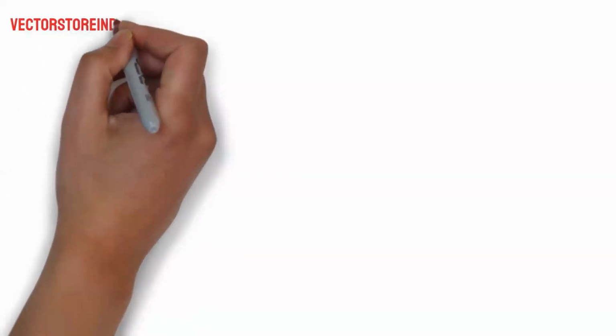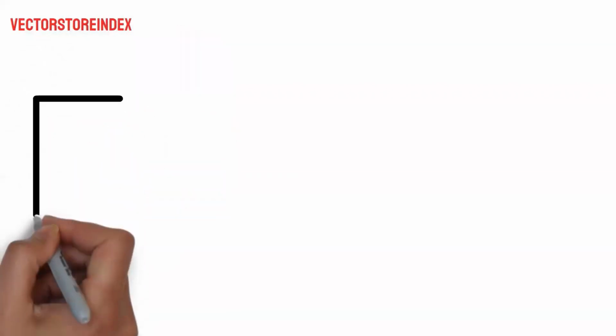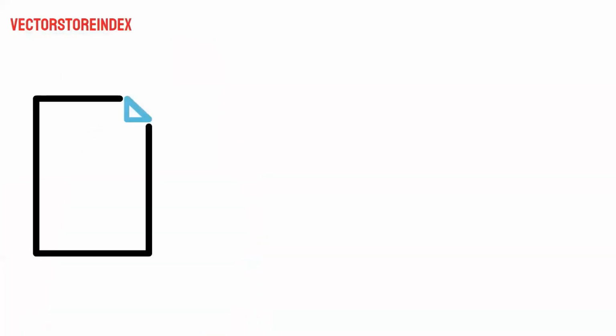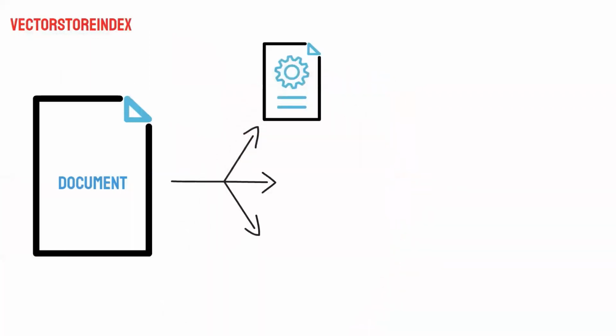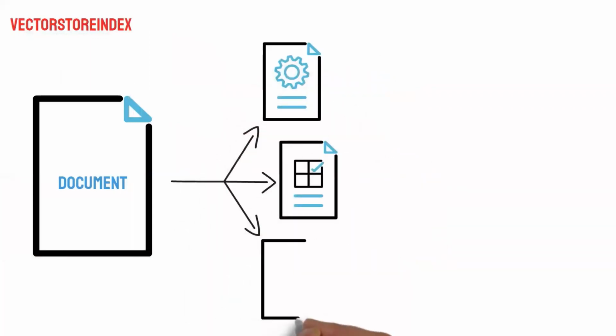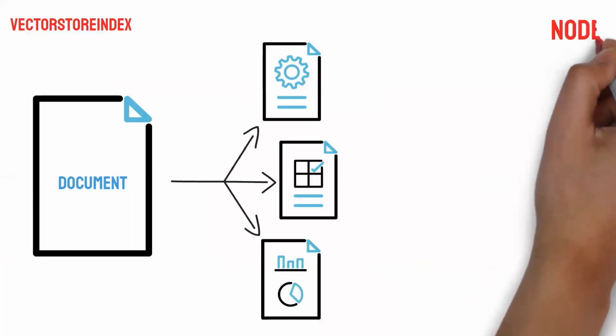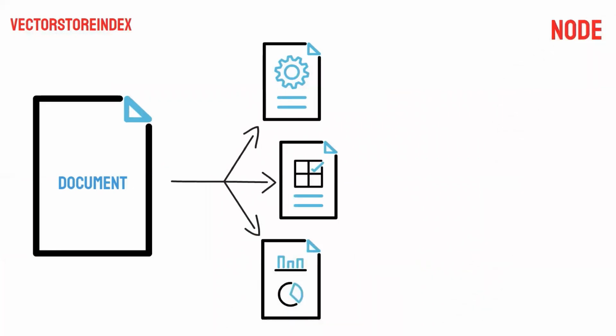So in VectorStoreIndex, a document is divided into different chunks, and an embedding for each chunk is computed accordingly. We call each chunk a node, which essentially corresponds to a chunk of text from a document.